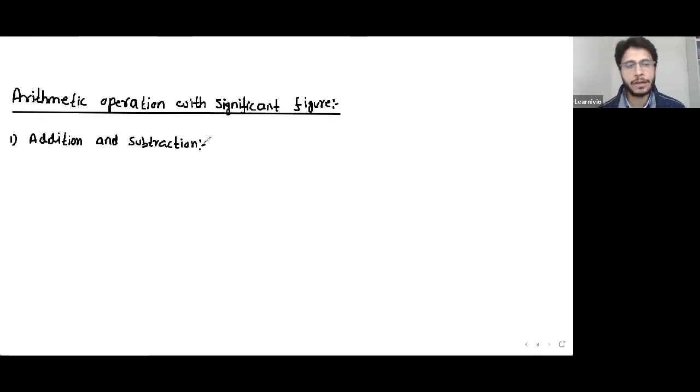So when you add or subtract two quantities, we take care of decimal places. Like if I'm adding a quantity having 3 decimal places to another quantity having 2 decimal places, then your final result should have 2 decimal places.